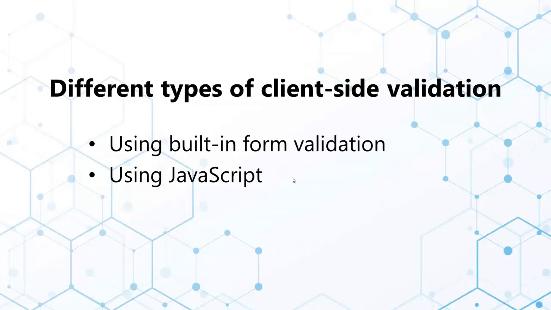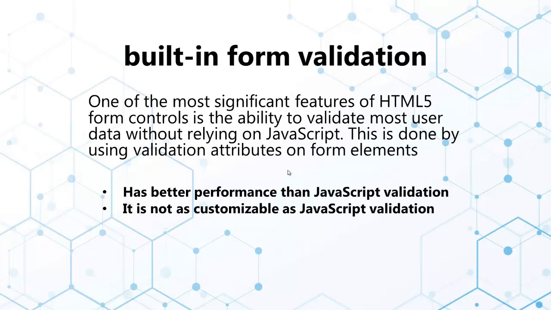Different types of client-side validation: using built-in form validation and using JavaScript validation. This is a way that we can set attributes directly in the elements of a form, and so we can check and validate the data inputted by the user.